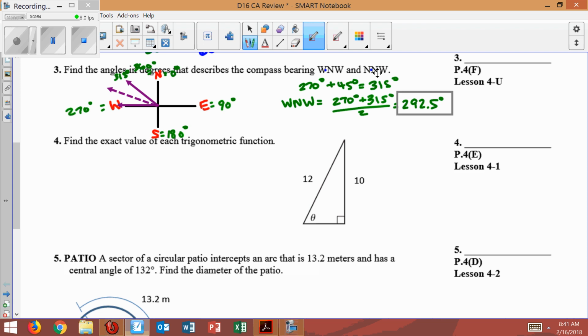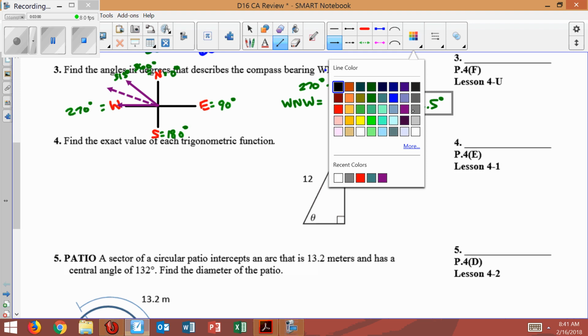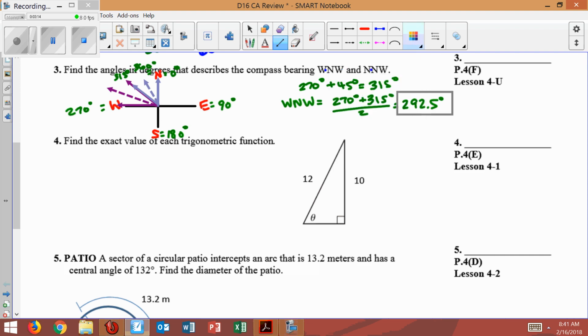Okay, now we also have to find north, northwest. So north, northwest is going to split two different lines. So I'll come over here in a different color. And here's north, and then again, we have northwest. If we were going to split those, I would be looking for this value here. So this time, I'm taking 360 and 315, and I'm going to divide those.